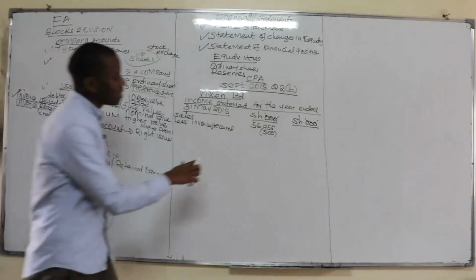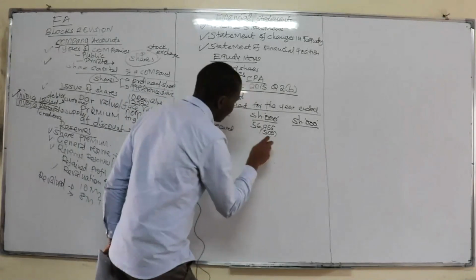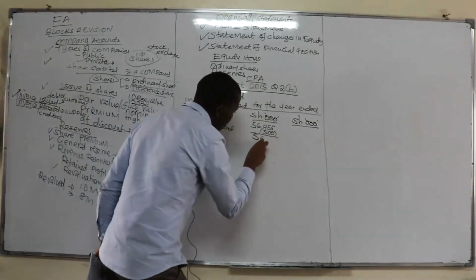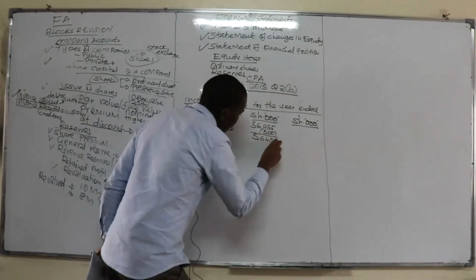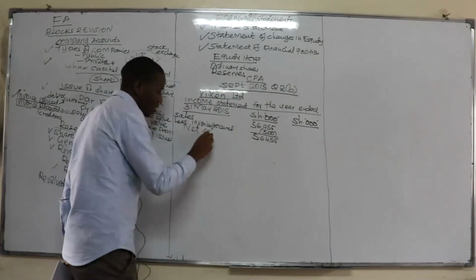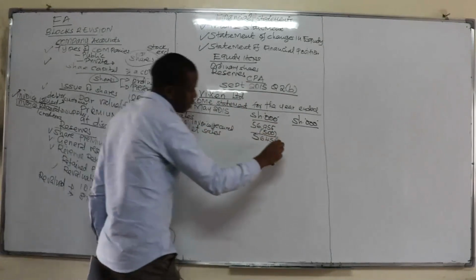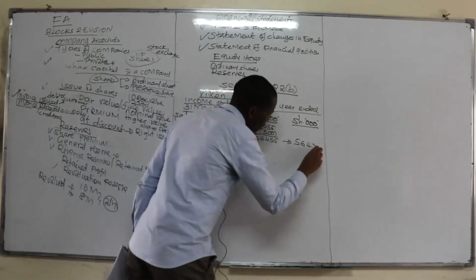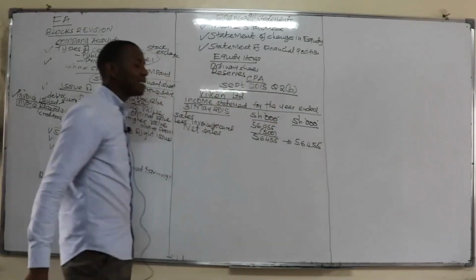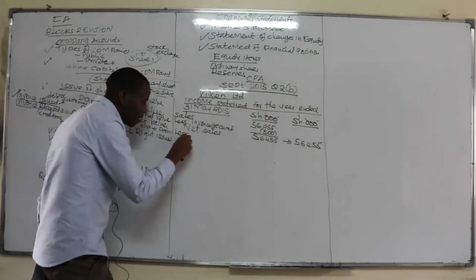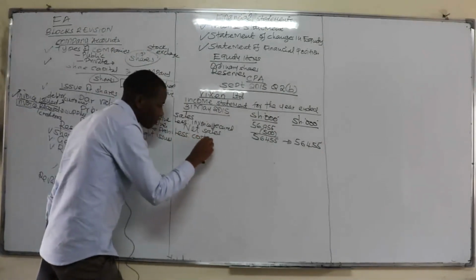So in that case, this will now give you 56,455. And this is now the net sales. Net sales, which we will take here, 56,455. That is the net sales. We know we're supposed to less the cost of sales.